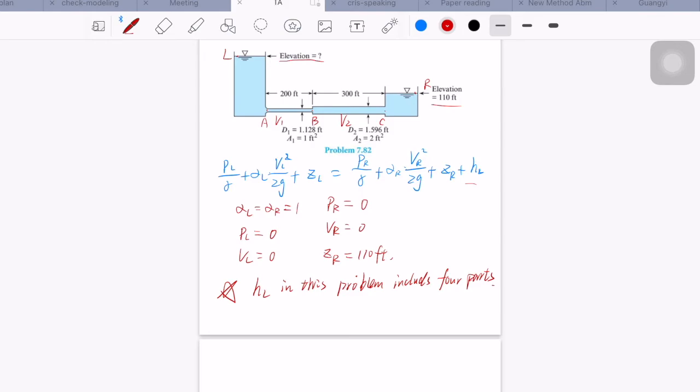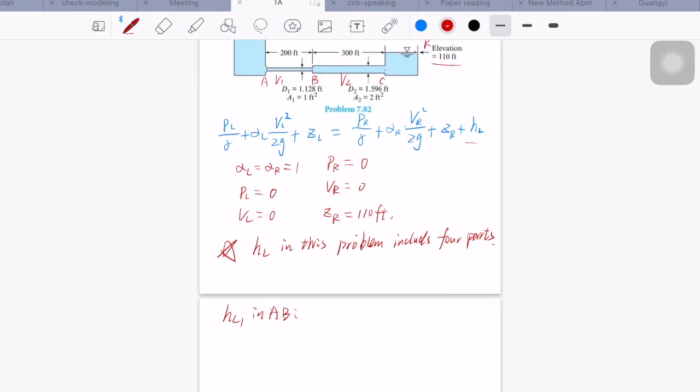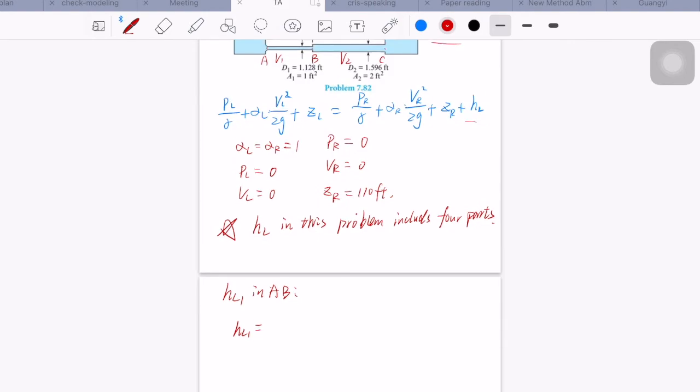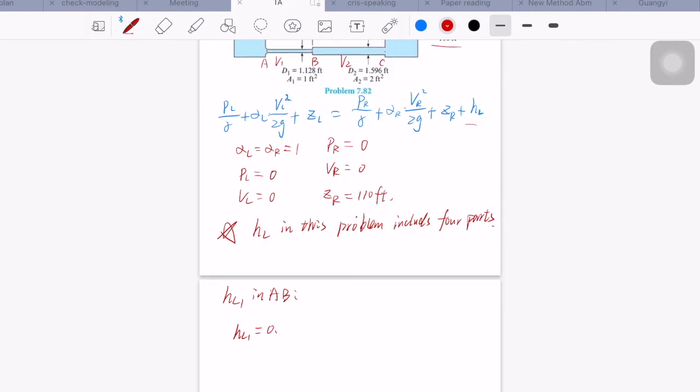So the first part of head loss, HL1 in the AB, should be equal to, according to this equation, 0.02 times LAB, the length of AB, over DAB times V1 square over 2g.